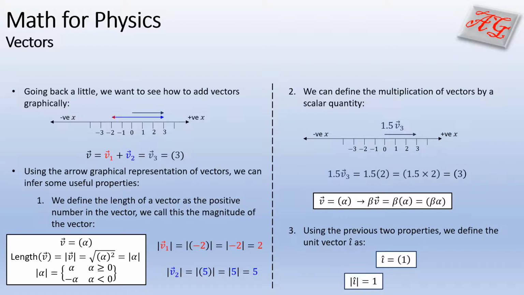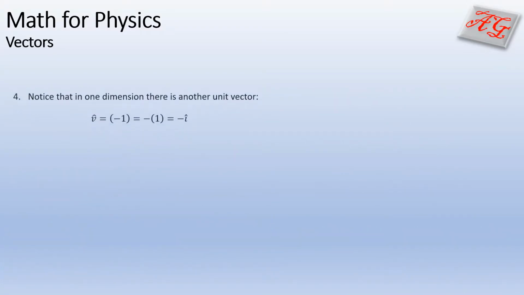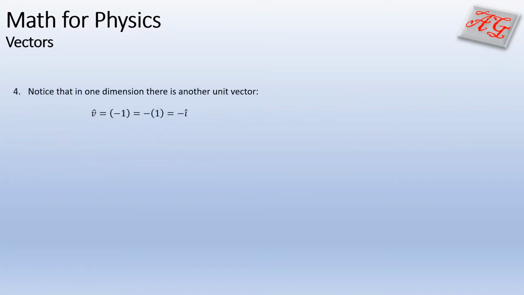So whenever a hat is used over a vector, it usually means that the vector has a length of 1. Notice also that any vector in 1 dimension can be written in terms of the unit vector i hat. Of course, there is another unit vector, but notice that for one dimension, there are only two unit vectors.